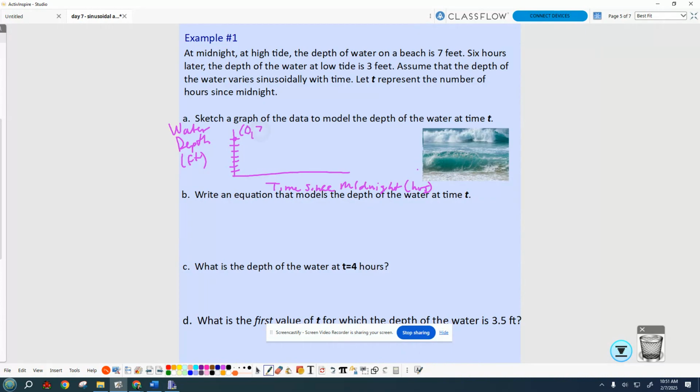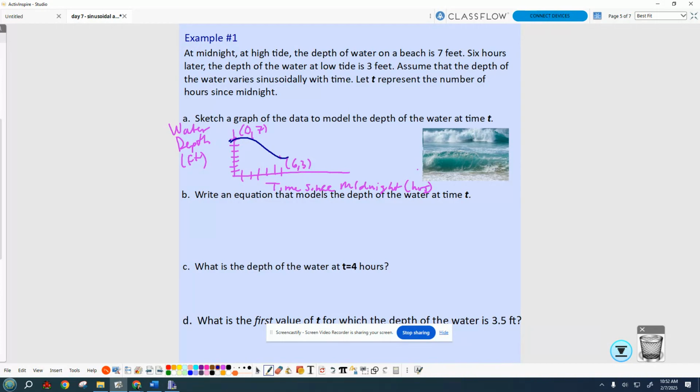At time 0, or midnight, it's 7 feet high. And then at 6 a.m., it is 3 feet high. So I'm not looking for super crazy accurate stuff. I'm not having this go in a scientific journal.